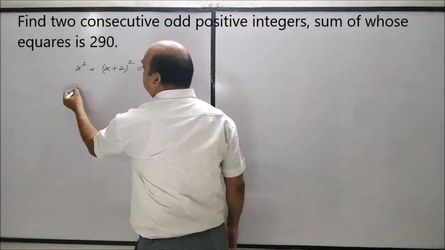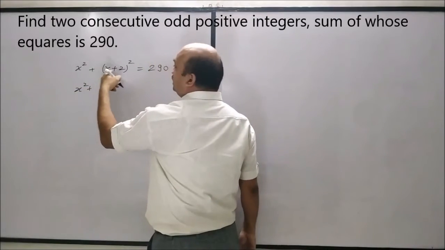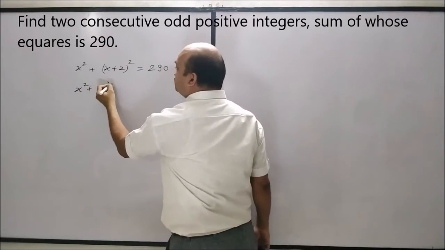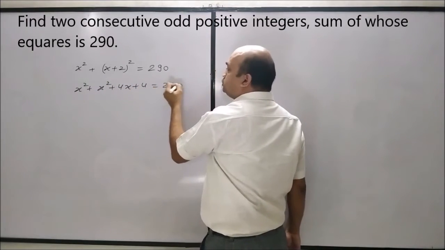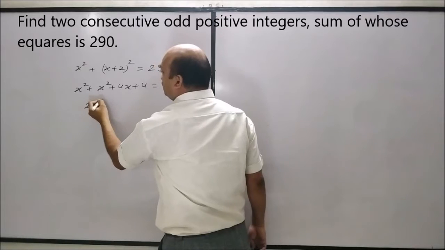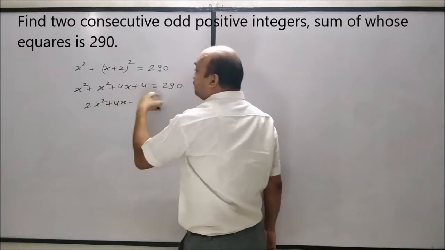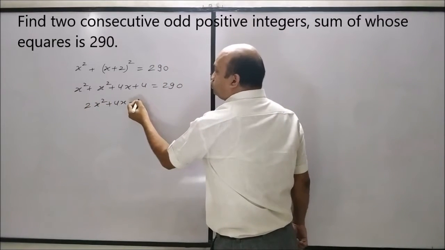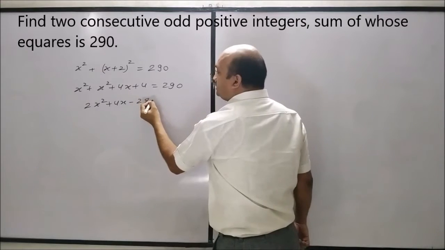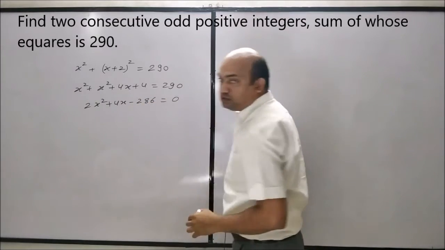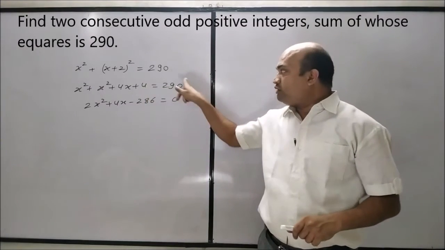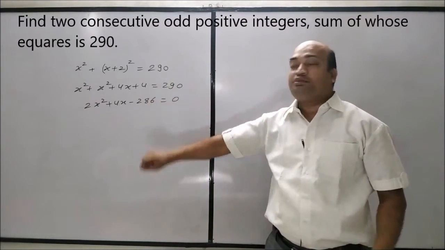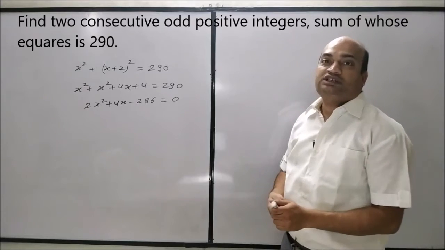It will be x square plus (x plus 2) whole square, which is x square plus 4x plus 4, equal to 290, or 2x square plus 4x minus 286 is equal to 0. This 290 we shift there, and 4 minus 290 will be minus 286.